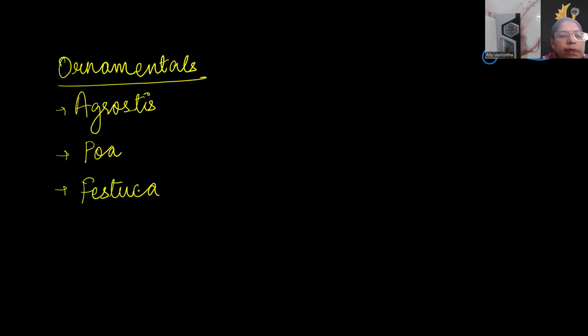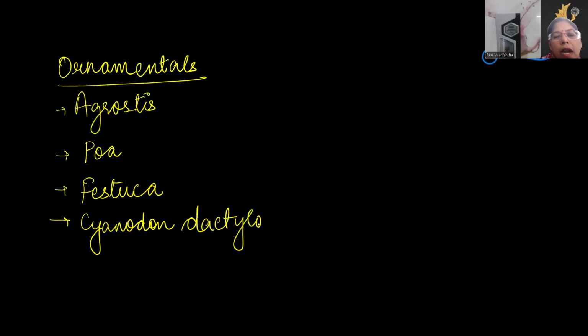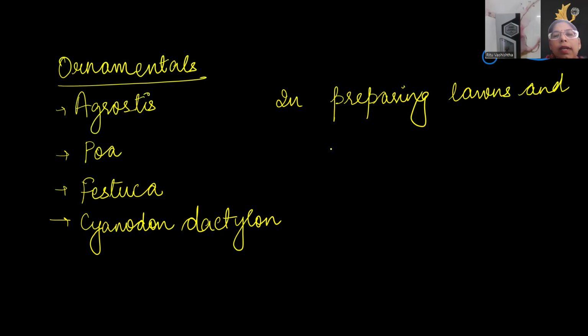Besides this, there are certain plants which are used as ornamentals. When we talk about ornamentals, you will find Agrostis, Poa, Festuca. Then you will find Cynodon dactylon. So all these are used in preparing lawns and landscaping.